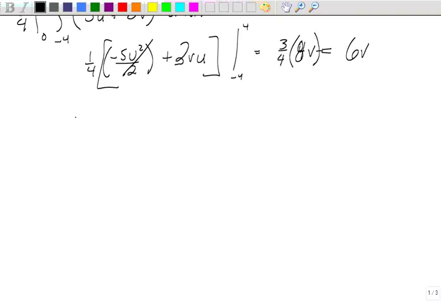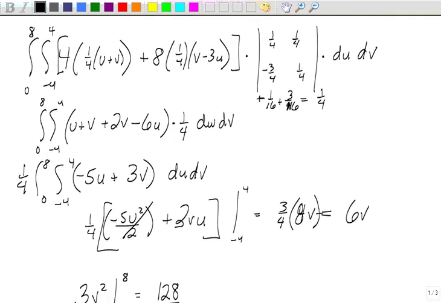So I'm integrating now. 6v is going to be 3v squared, 0 to 8, and that's going to give me 64 times 2, 128. Let's see if I made a mistake here.